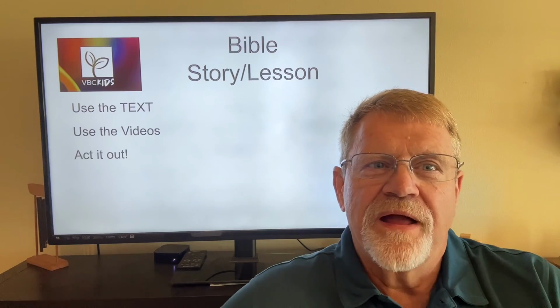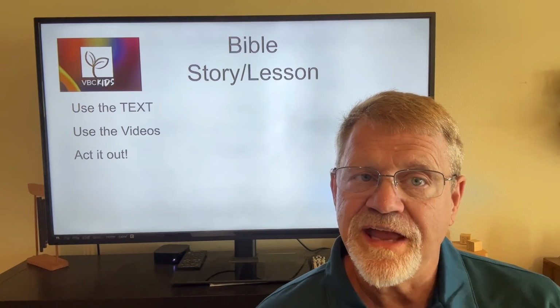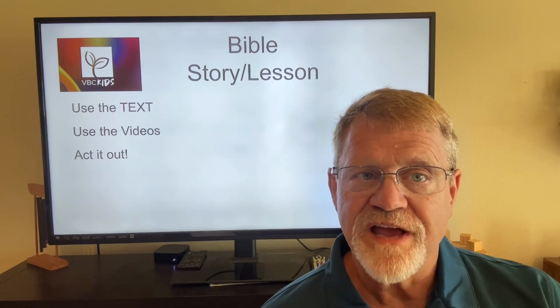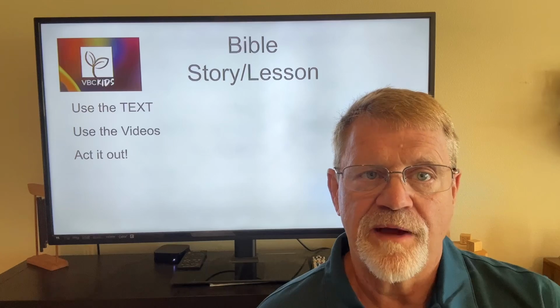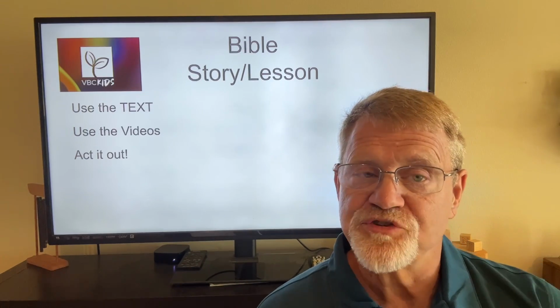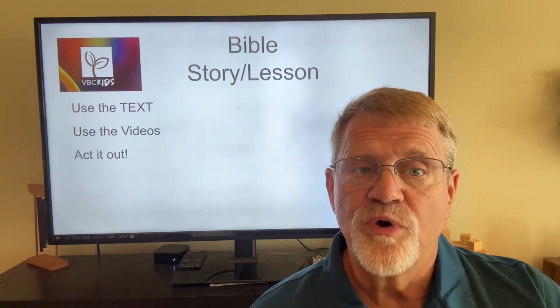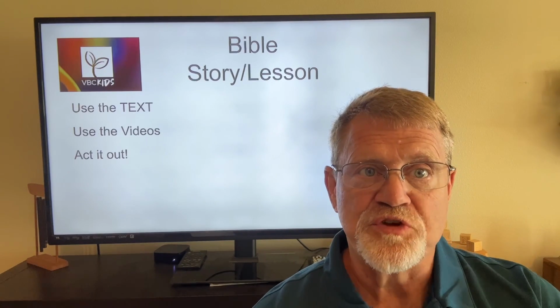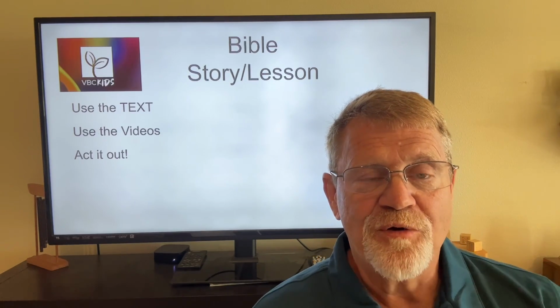Now, other ways we can also get the kids engaged in it. You might want to read the text first, but then hand out parts and tell the kids, hey, you're Abraham, and hey, you're Sarah, and you're the three angels, including the angel of the Lord, and let's act this out. And then perhaps you read from the scripture as the kids spontaneously, and they're good at this, act out those scenes.